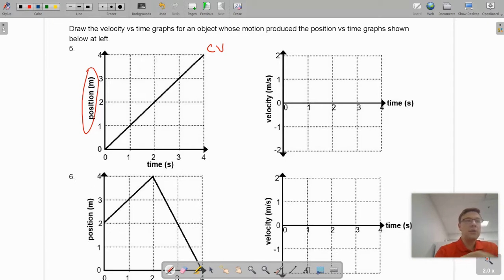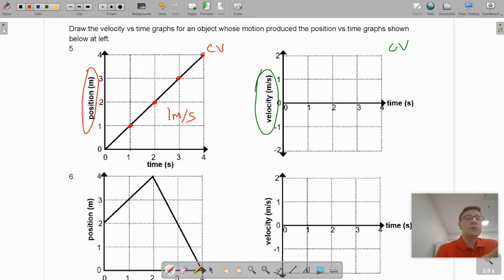And then on this side over here, we've got velocity versus time. And we also need to show that it's a constant velocity, right? So on this one here, we can see that the object moves 1 meter after 1 second, 2 meters after 2 seconds, and so on and so forth. So this object is moving at 1 meter per second, okay?